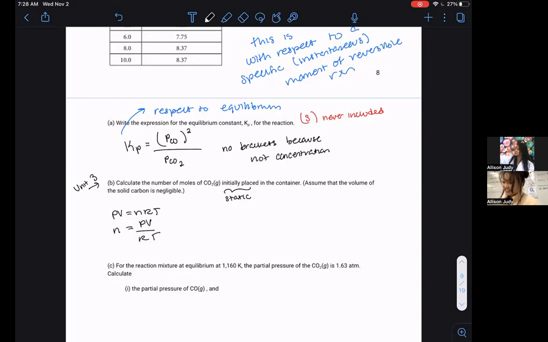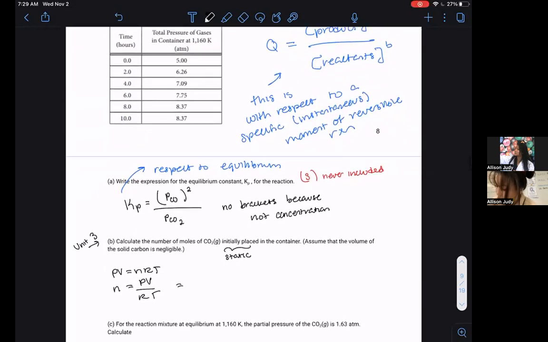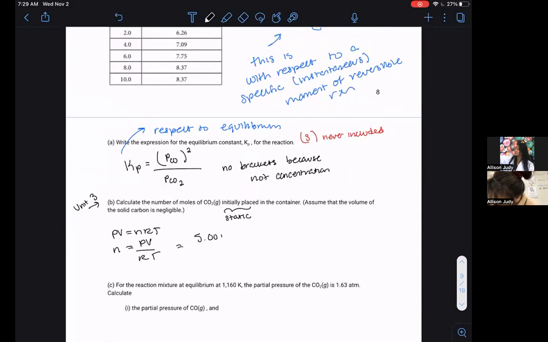But anyway, we're going to continue on. Given the information in the prompt, we're going to fill this in. So n equals PV. The pressure we're told at the beginning, the initial condition, P0, is 5.00 atm, times, we're told the rigid container is 2 liters, all over the R value with the proper units, 0.0821 liter atm over mole Kelvin, times the temp.